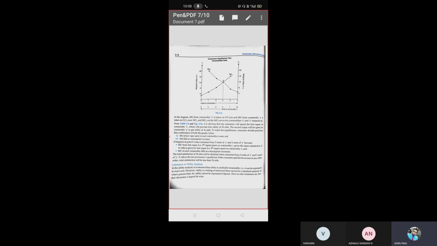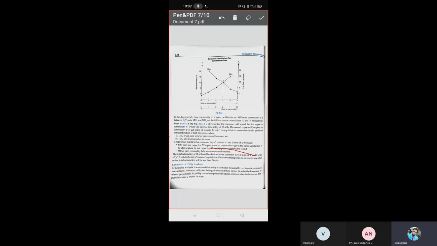So here, Gossen's approach was called the cardinal utility approach. We are able to measure the satisfaction of a consumer with the help of what? Utility or utils. And then utils need to be converted into money, that is, marginal utility of commodity X divided by price of commodity X is equal to what?